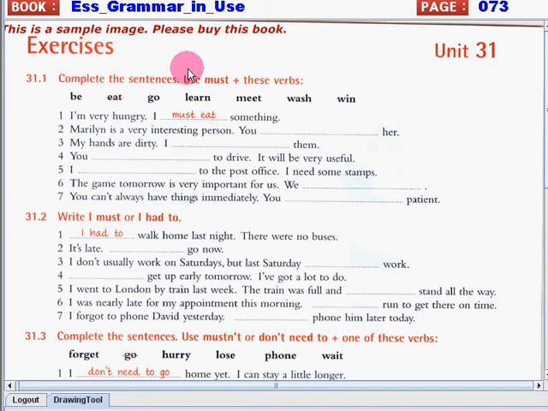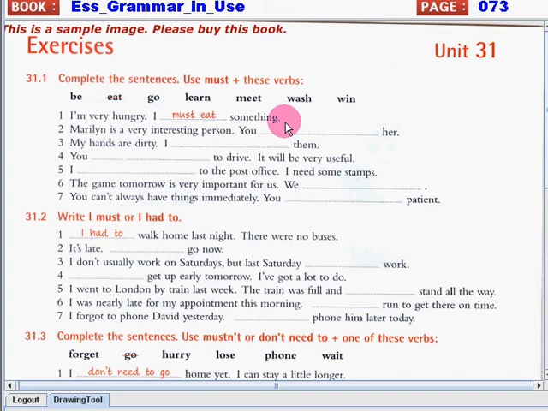Complete the sentences. Use must plus these verbs. As you can see, we have some sentences in this activity, and we must use the word must plus the following main verbs. Let's have number one, for example. I'm very hungry.